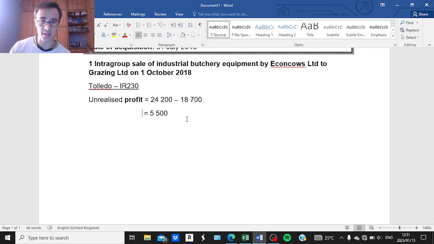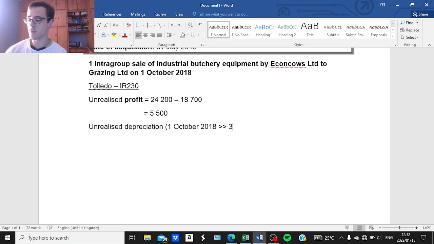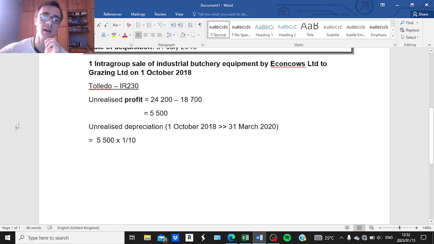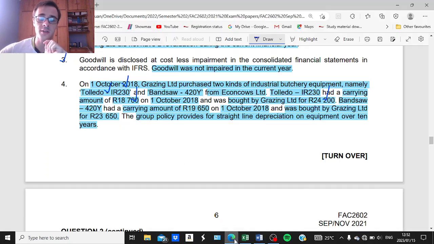entire period. Okay, so unrealized depreciation from the 1st of October 2018 until the 31st of March 2020, which is the end of the current financial year. For this equipment, it will be taking the unrealized profit of 5,500, then we multiply by 1/10 because depreciation is provided for over 10 years, or 10% per annum.